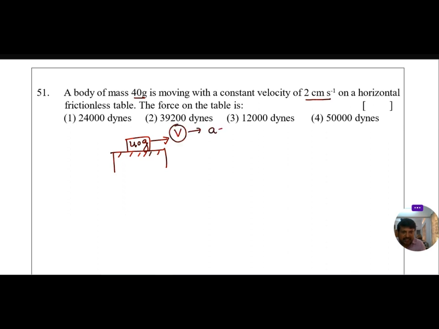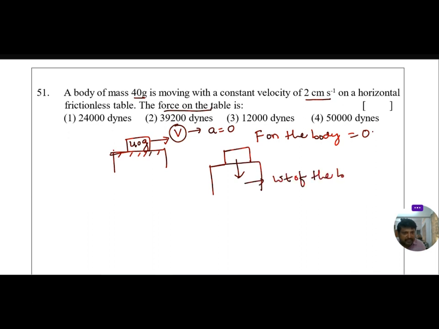If velocity is constant, the net acceleration is equal to 0. So the force on the body is equal to 0. But the question is the force on the table. Force on the table is nothing but the weight of the body.